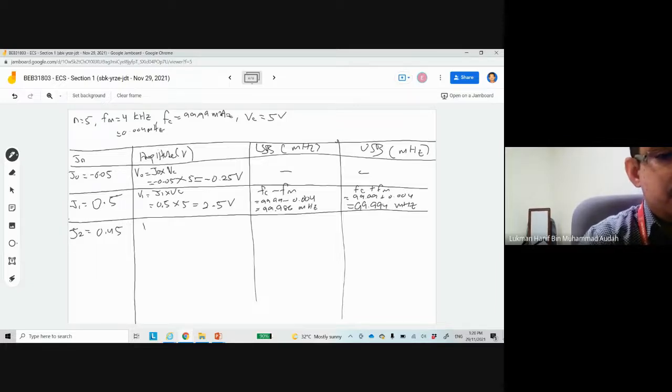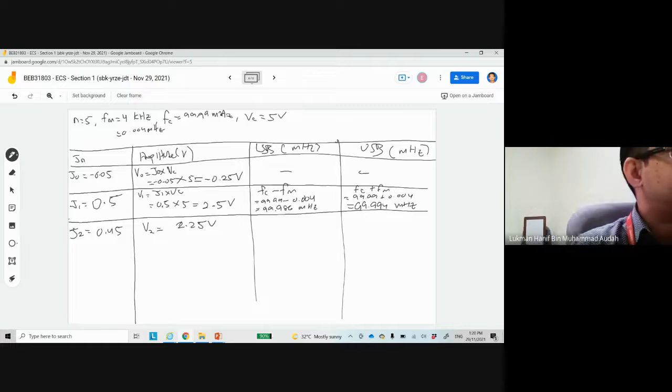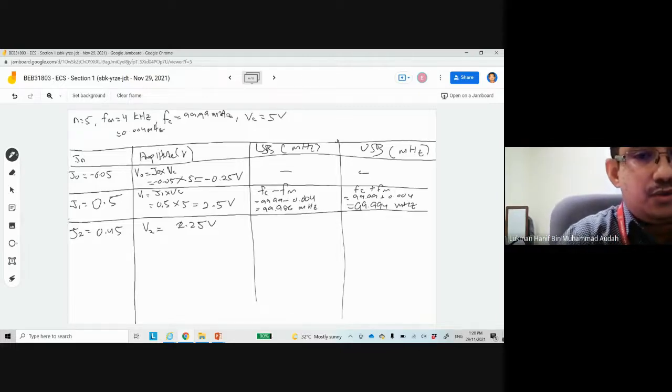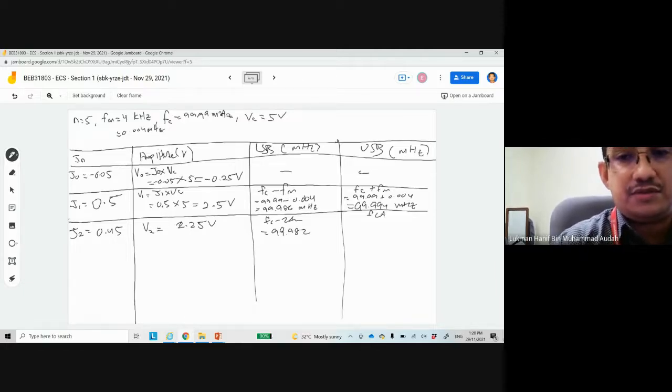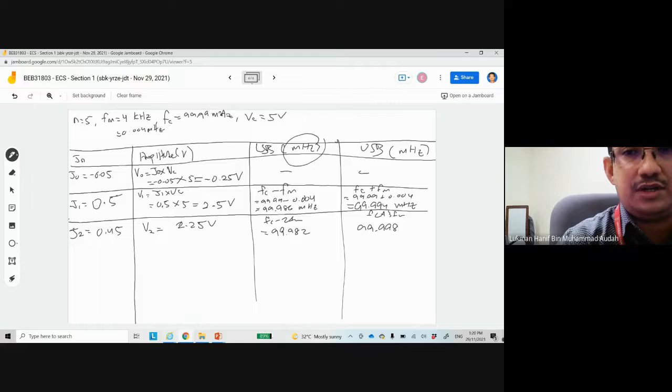So maknanya this one V2 is equal to 2.25 volt, and here is FC minus 2 FM lah. So ini bersamaan dengan 99.982. This is FC plus 3 FM actually. So this is 99.998 megahertz. Okay, kalau tak tulis unit pun tak apa sebab sudah ada unit di atas ni.